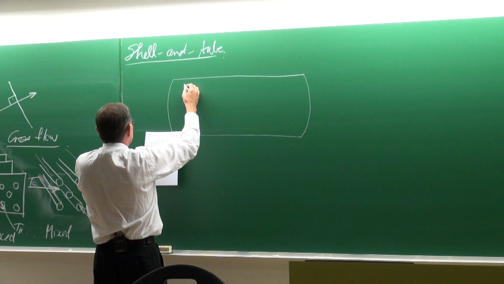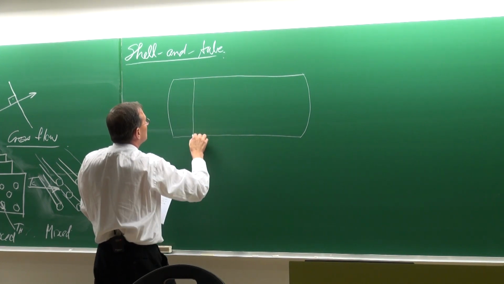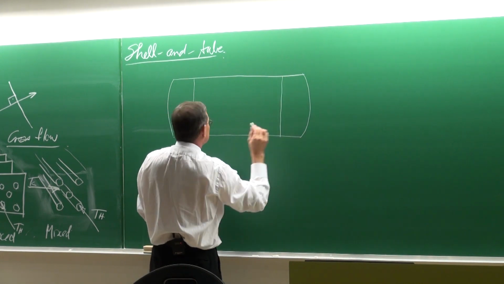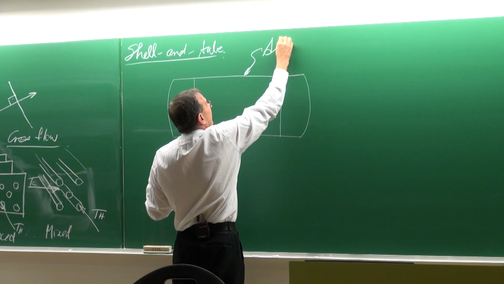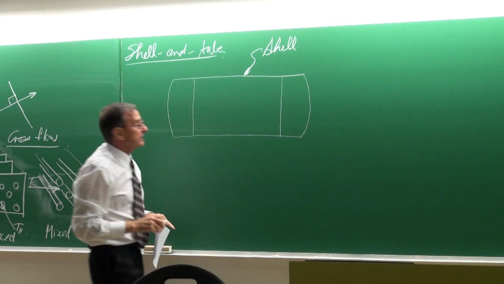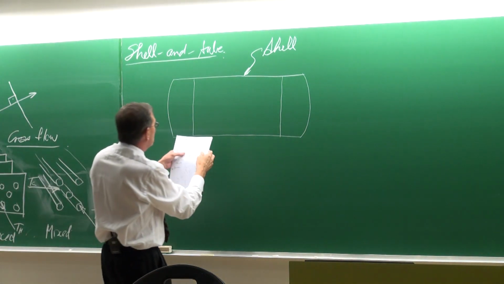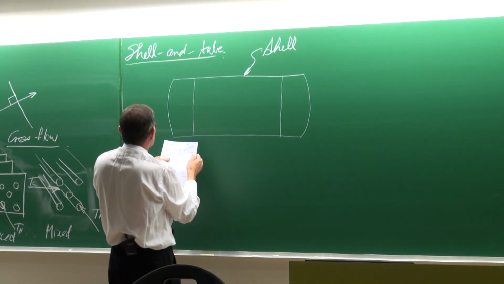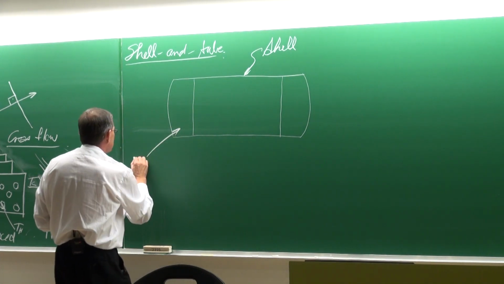And as part of it, there is a so-called front-end header. So that is called the shell, the outside cylindrical configuration, keeping everything on the inside. This is called the front end header.